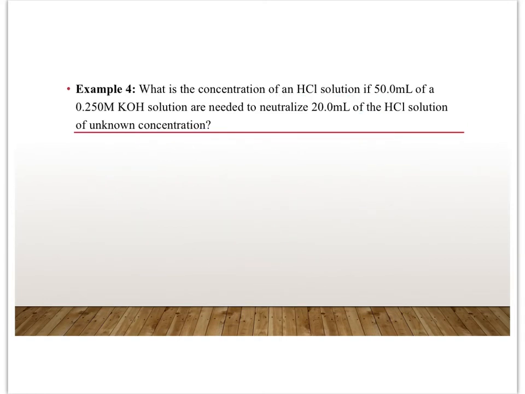Okay, for this example, I'd like you to try this one out on your own. The video is going to pause in a second to let you work it out and put in your answer. Okay, so let's look at how this is solved.